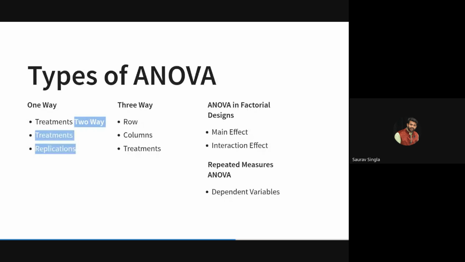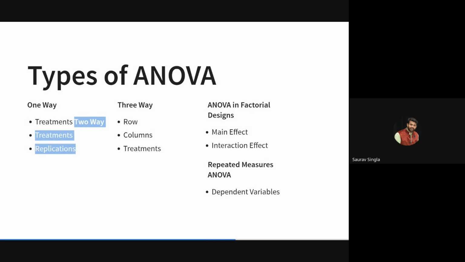In this setup there is no need for a second source of variation because many things are under control. So CRD is sufficient in such a condition. That's why we say completely randomized design, because no blocking is required in this scenario.